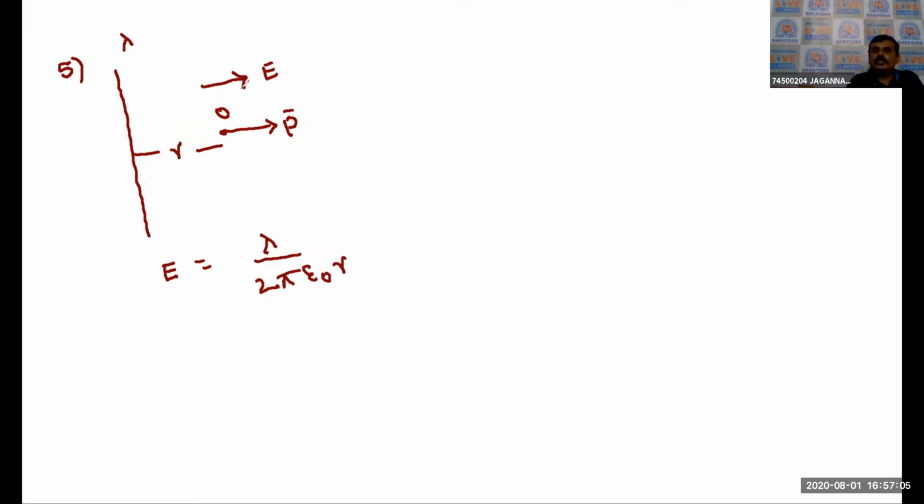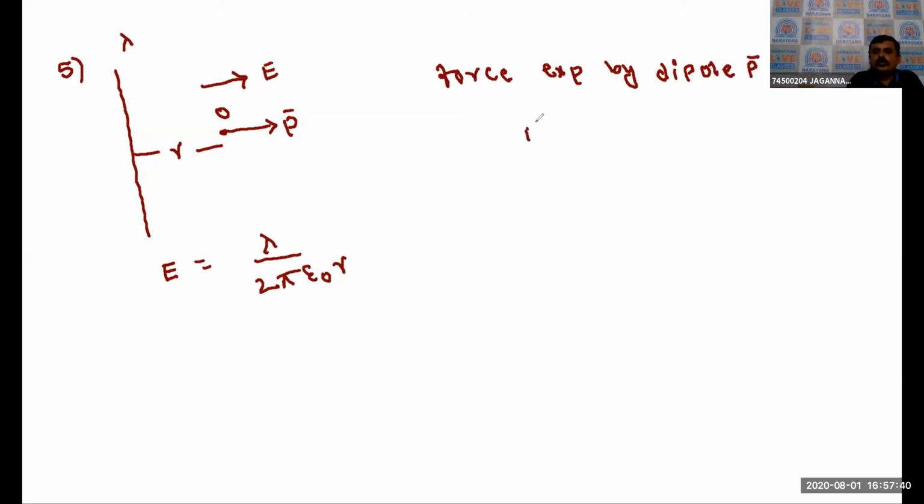So due to this electric field, this dipole would experience a force. How much force is experienced by the dipole? What is the formula?